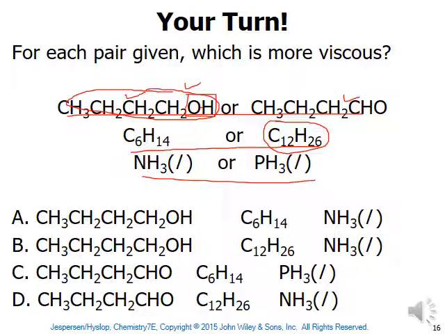And between these two, this guy here is going to have more interactions, again because it looks like it can have a hydrogen bond. This hydrogen will connect to the nitrogen of another molecule, and both of these are polar molecules. So I'm looking at which set here, A, B, C, or D. So it's got to be either A or B, and it looks like B.